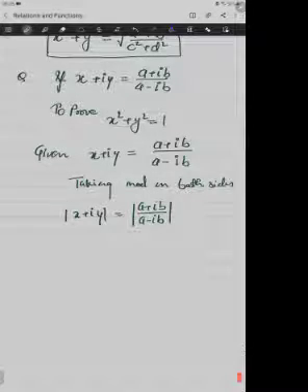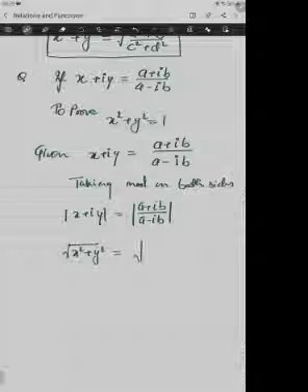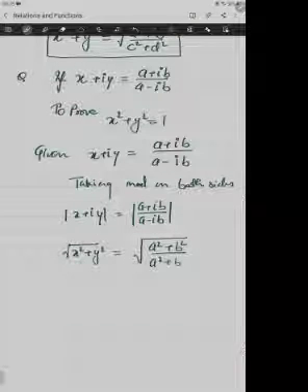Taking mod, this will be under root x square plus y square is equal to under root a square plus b square upon, this will also be a square plus b square.